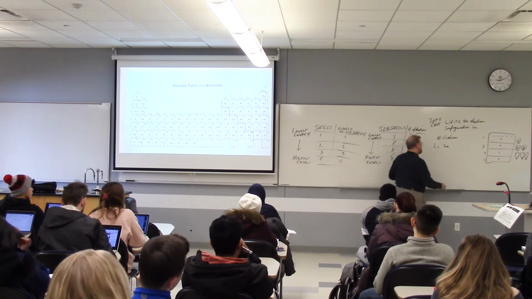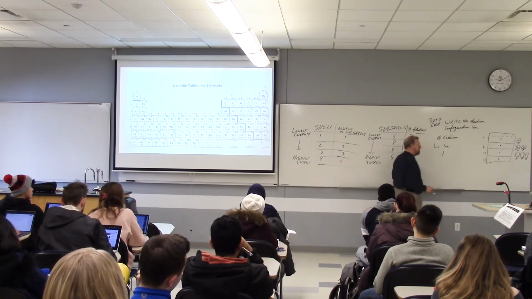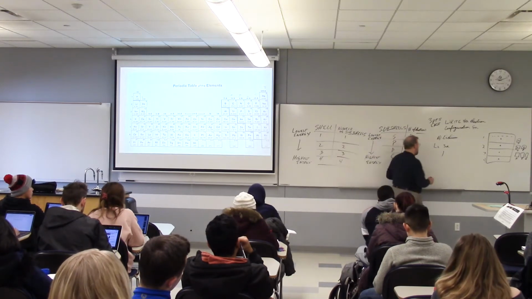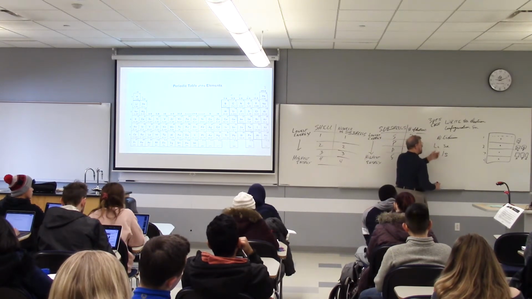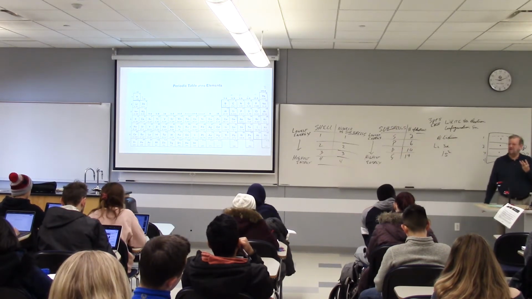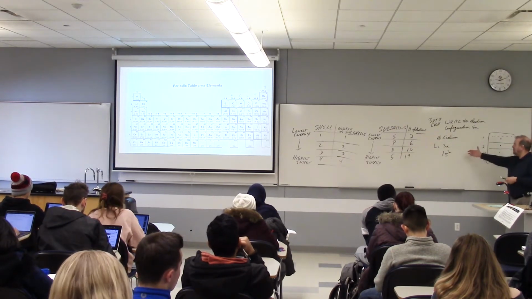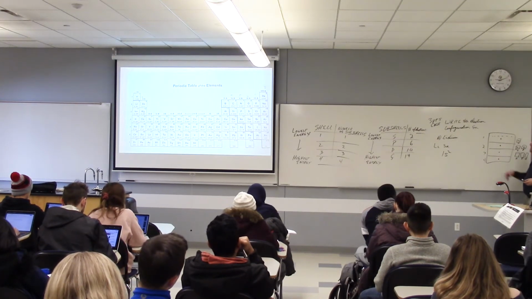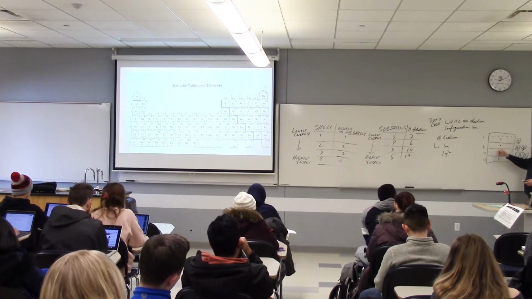In drawer 1 there's only 1 box, and the most I can put in there is 2. I've got 3 things to put in. I put in 2, I have 1 more to go. Drawer 1 is full, so I have to go to drawer 2.